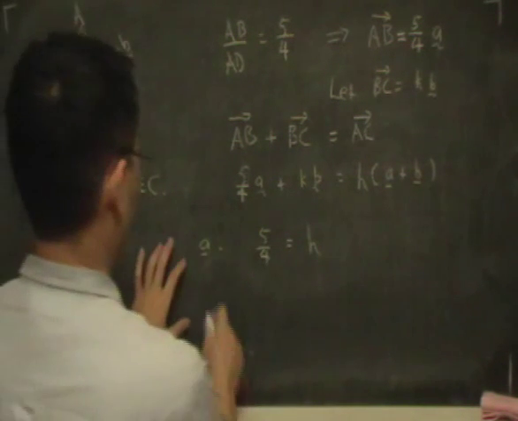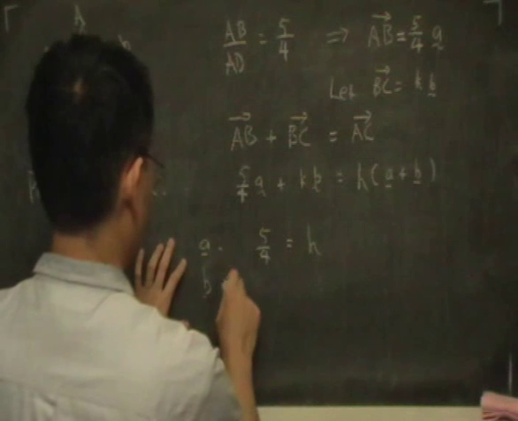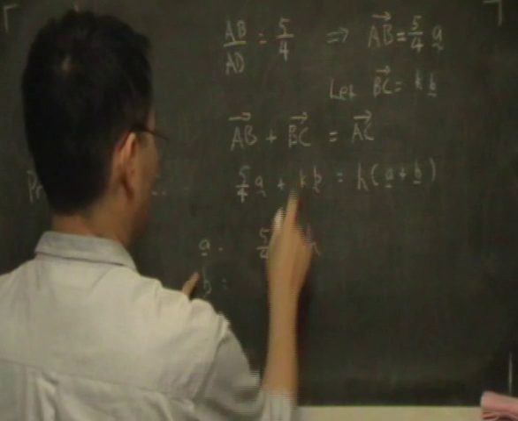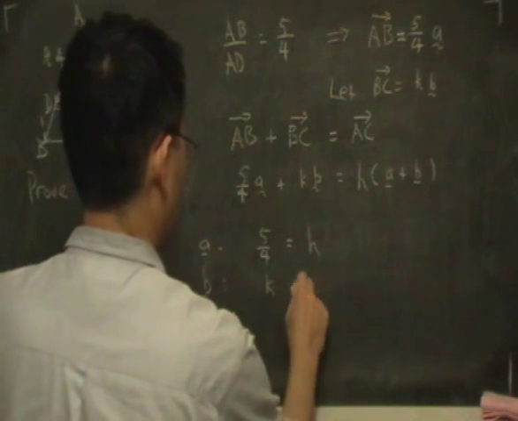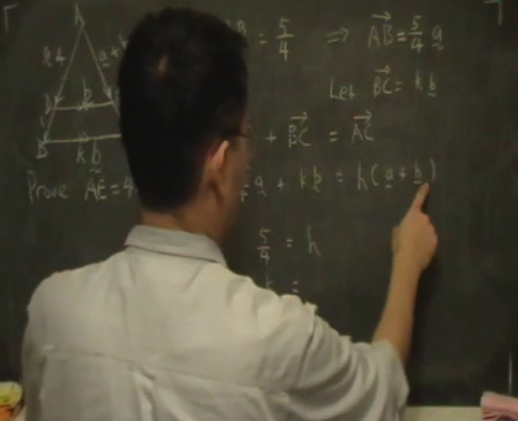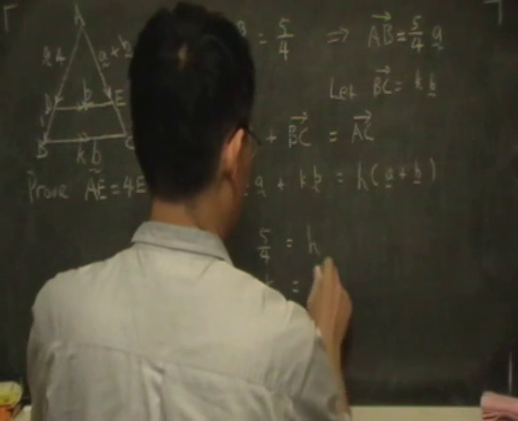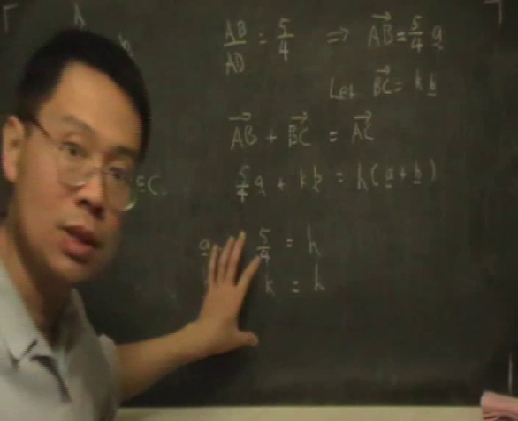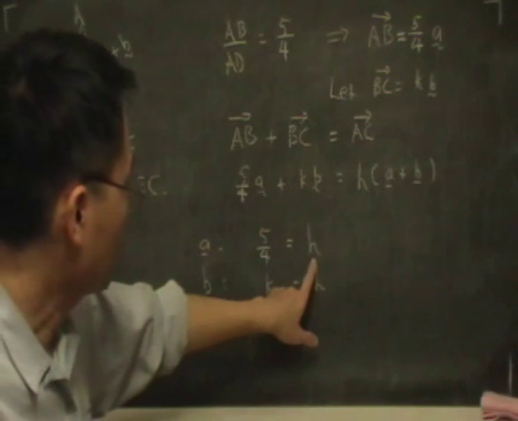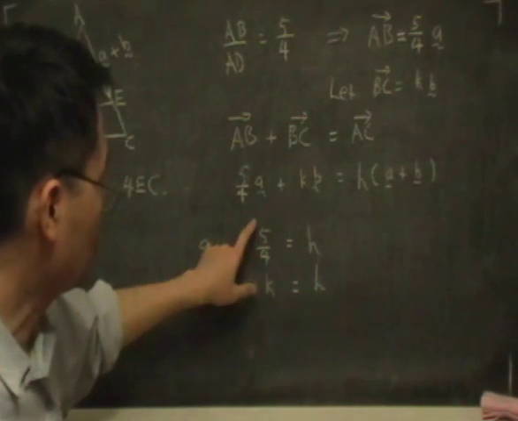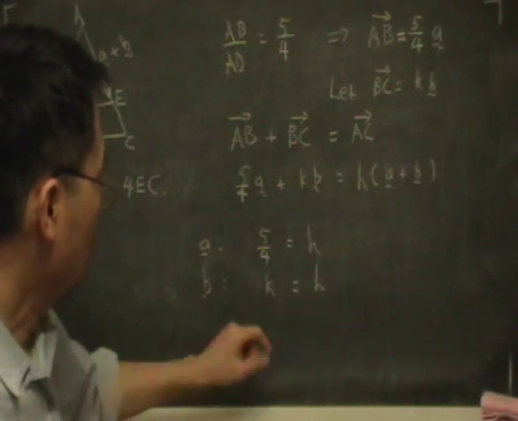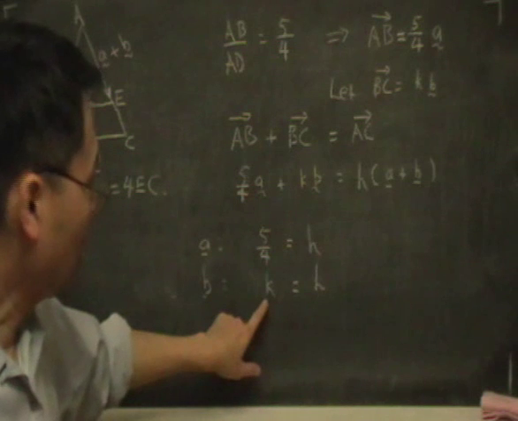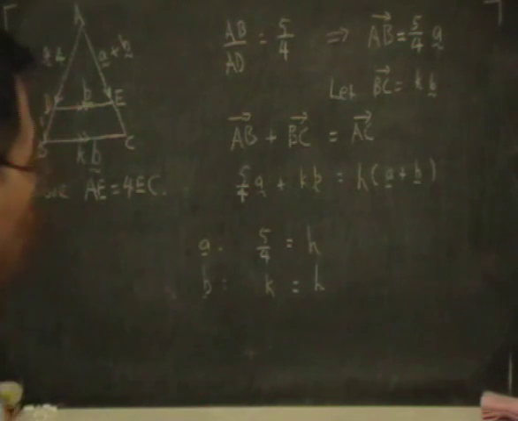And likewise for the vector B, the factor on the left side is k, and the factor on the right side is h. So this gives us the answer. It tells us that h is actually equal to 5 over 4. So since h is 5 over 4, k is also 5 over 4.